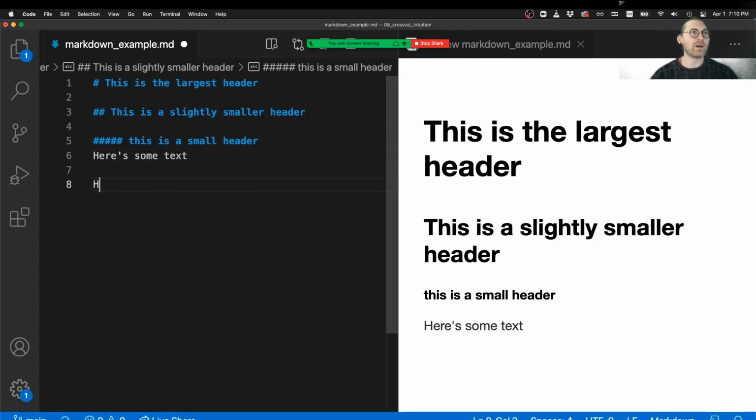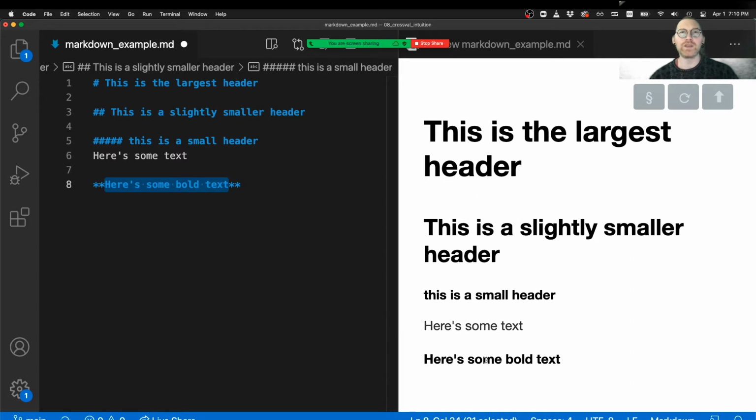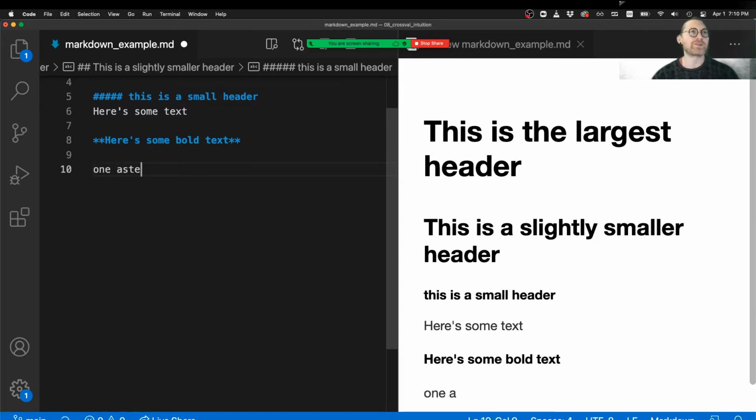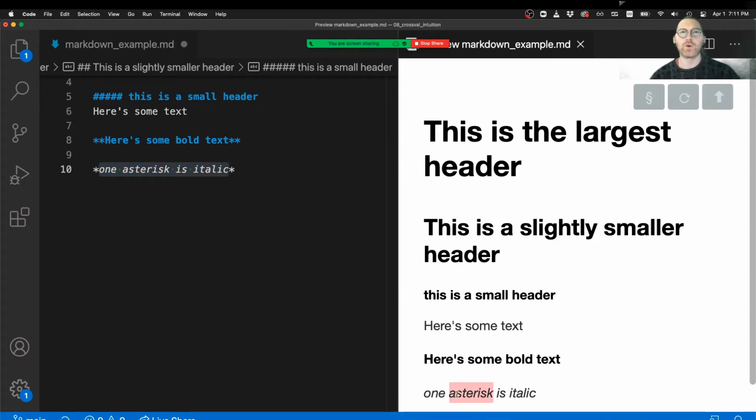And if I do something else here, like here's some bold text, if I want this to be bold, I can put 2 stars around it. And that looks to be the same as that smallest header as well. Okay. And you can do other things. Of course, you can have italic text. So 1 asterisk is italic, and of course we can see that right there.